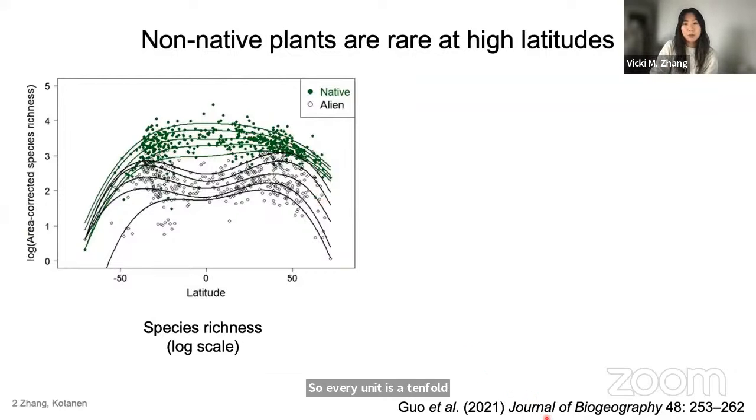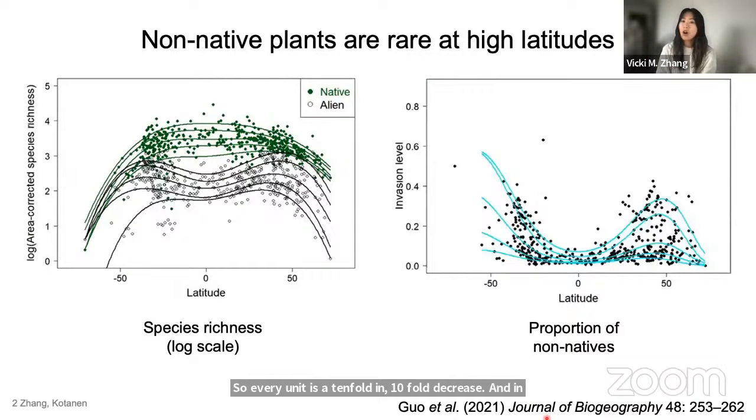In addition, the proportion of non-native species is highest at mid-latitudes and decreases near the equator as well as at high latitudes. This low proportion of non-native species might be driven by two different processes.